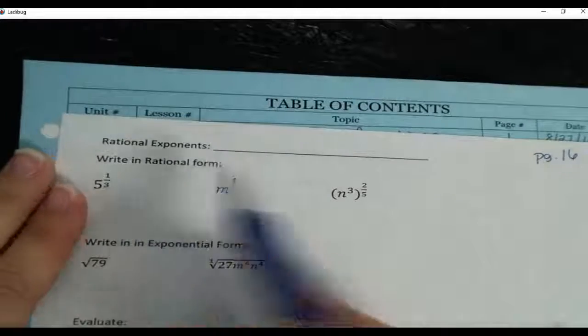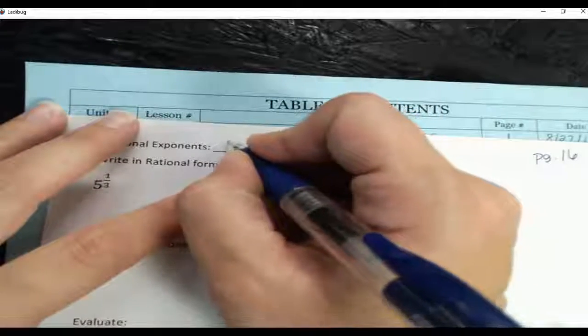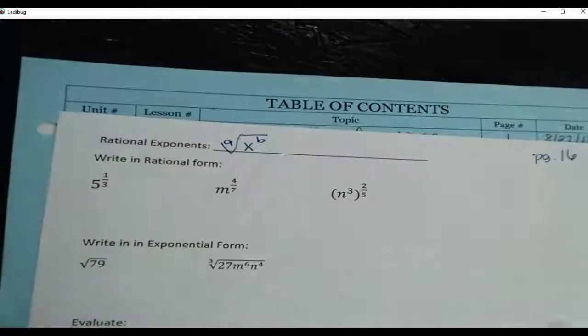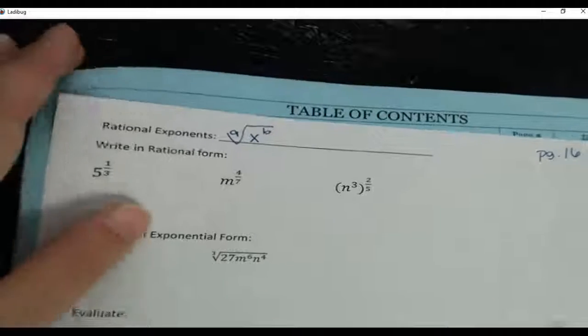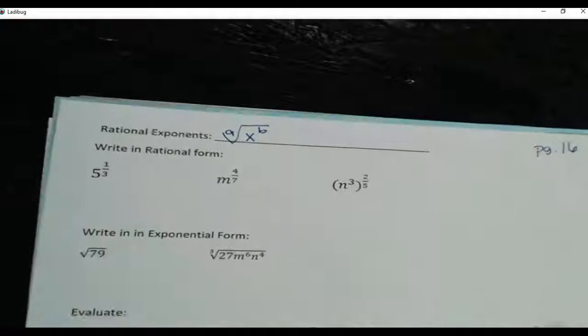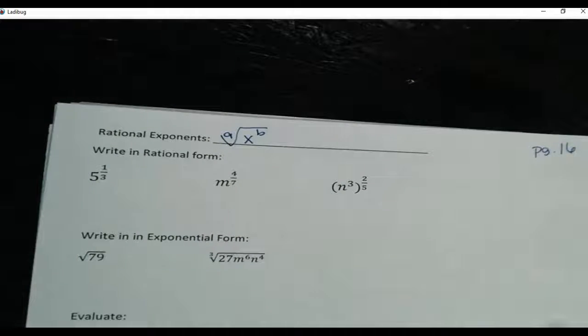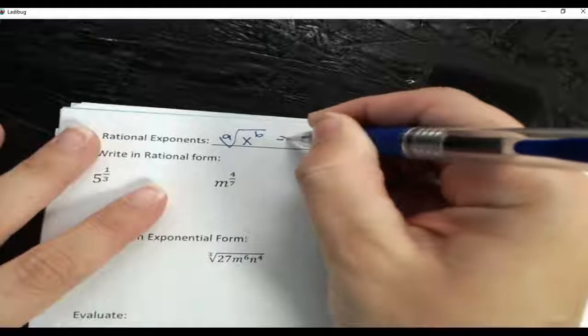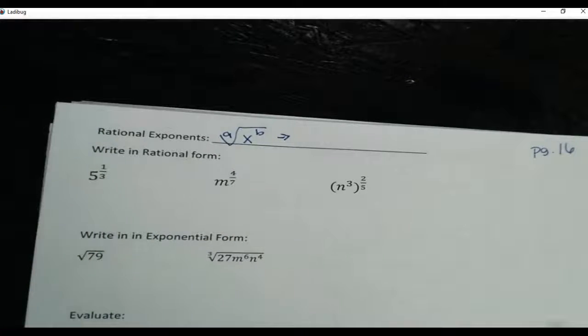So for rational exponents, let's say we have the a root of x to the b power. So a can be any number, b can be any number. So when you're changing forms, the b stays where it is, but the a becomes the denominator.